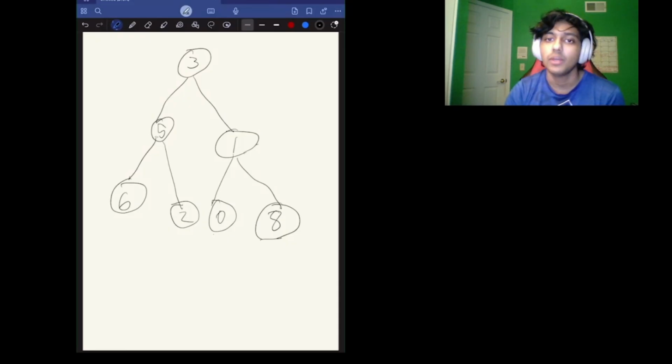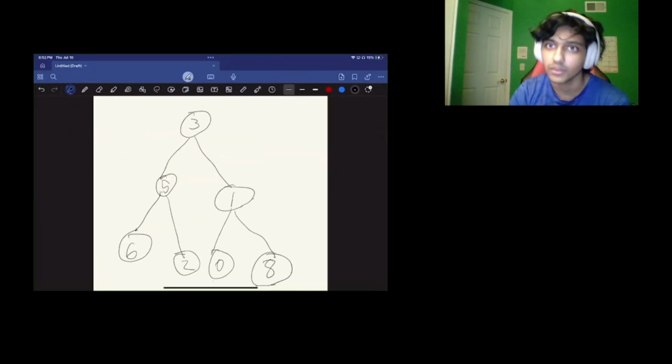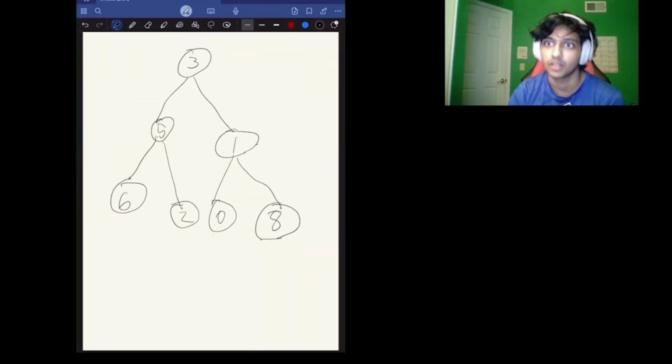So now, how will we go about approaching this? Well, one thing to keep in mind is that each ancestor has its own separate left subtree and right subtree.